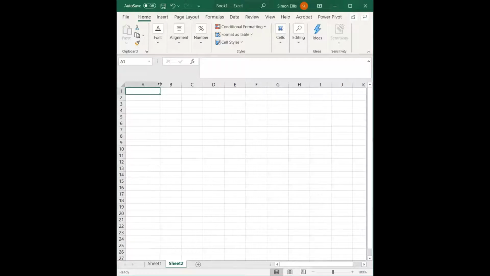All right, so we need a couple of things. We're going to have rate and years, because remember we're making a table. Actually, let's do something real quick.